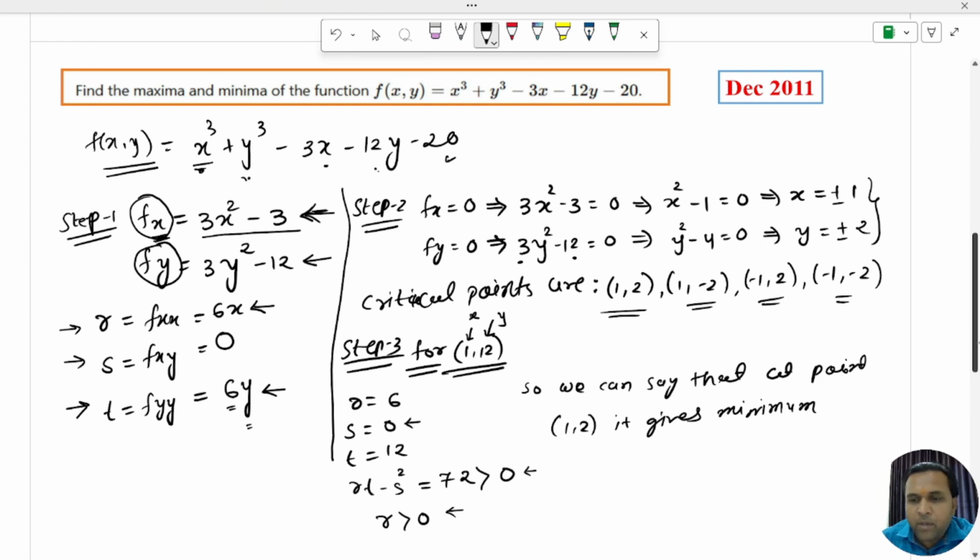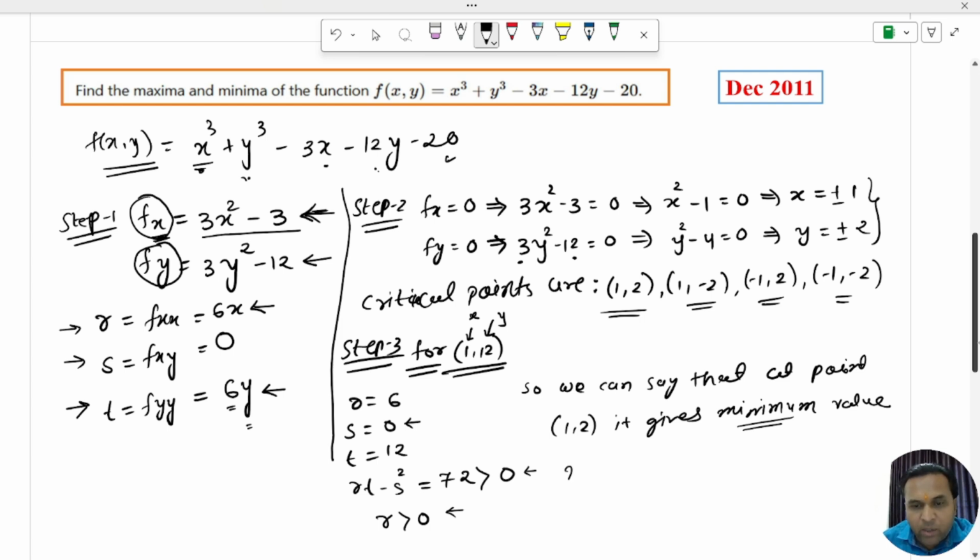Okay, minimum point. It gives a minimum value of the given function. That is clear or not? I think everyone is clear. Just check rt minus s square greater than 0, r greater than 0. It gives the minimum value at the given point.